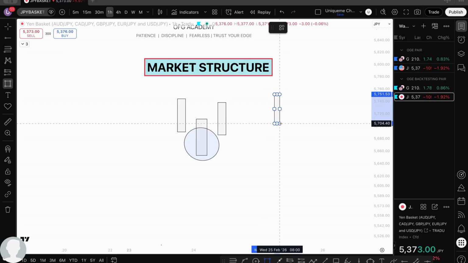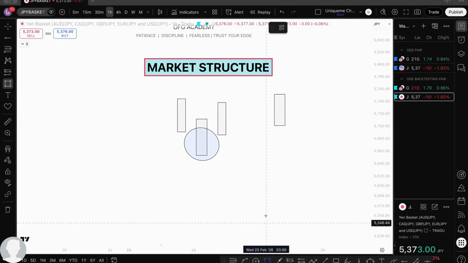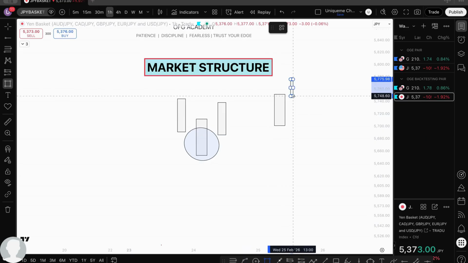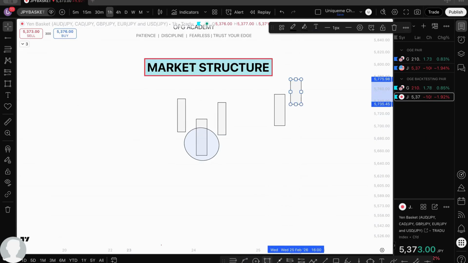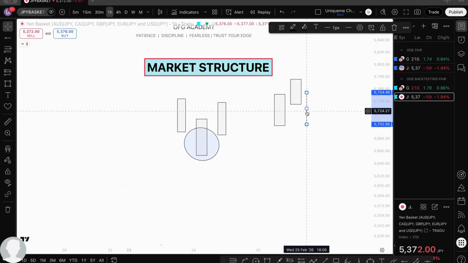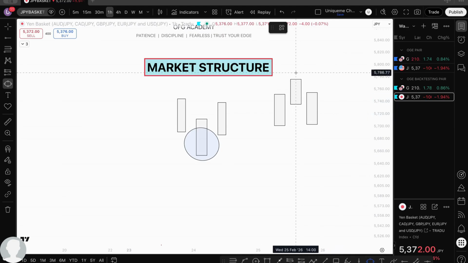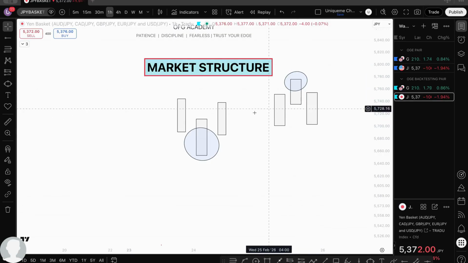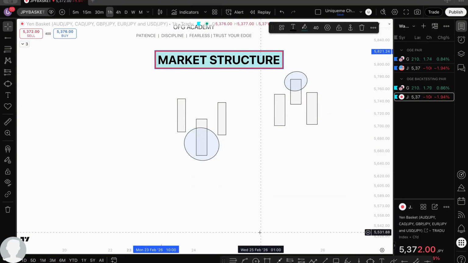For a sell scenario, we're looking at this, and the second candle will be above it, and the third candle will be below it, right? Making this a what? A swing point. Do you see that? Making that a swing point. Now, this is the first thing you have to do to understand market structure.